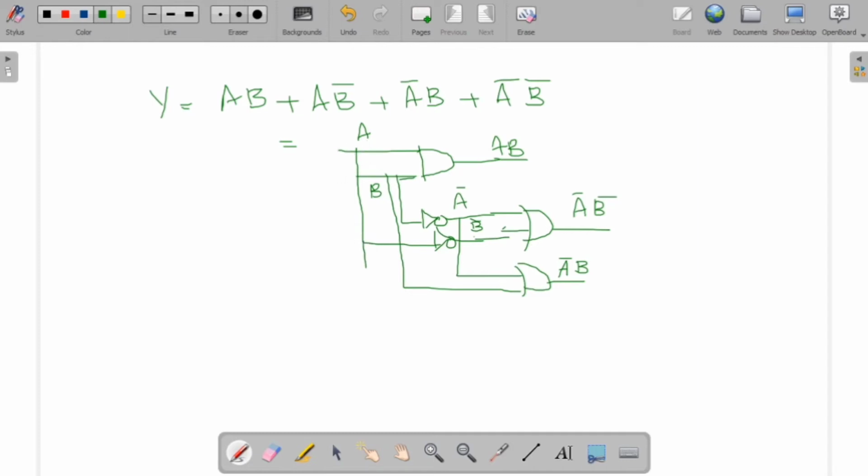This is A, this is again A, then B bar, take a connection from here.